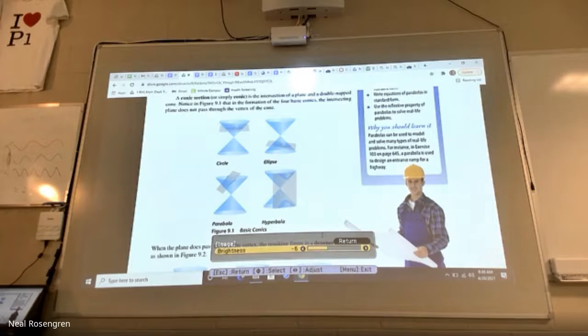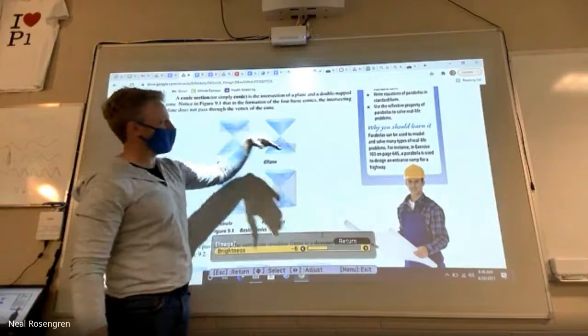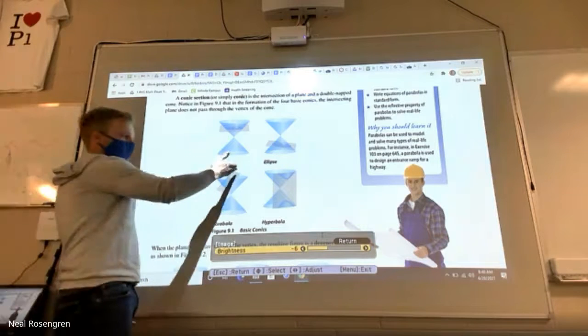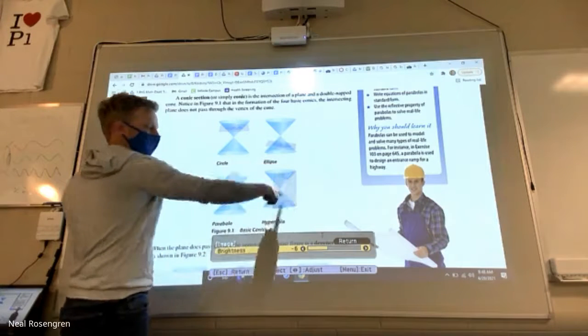If I slice through it perfectly flat, it's going to make a circle. But if I slice through it at an angle, one of those sides is going to be stretched out a little bit, and we're going to get an ellipse. If we cut through the open side, we'll get a parabola. And if we cut through it straight down, we get a hyperbola.